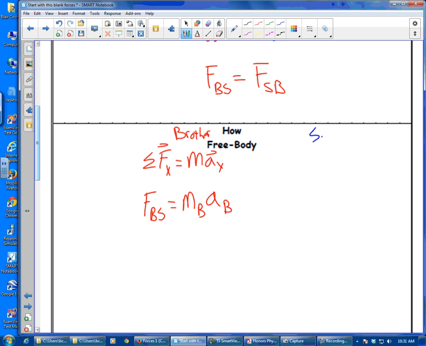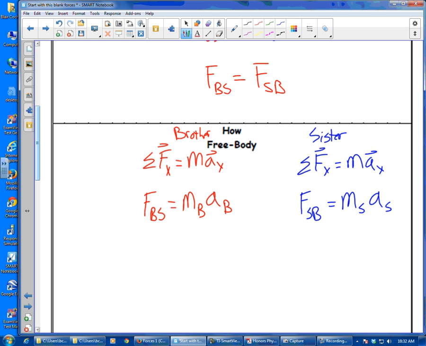And then for the sister, sum of the forces in the x again. You'll see in a minute. The only force on her is the force SB. That equals the mass of the sister, the inertia of the sister, times the acceleration of the sister.